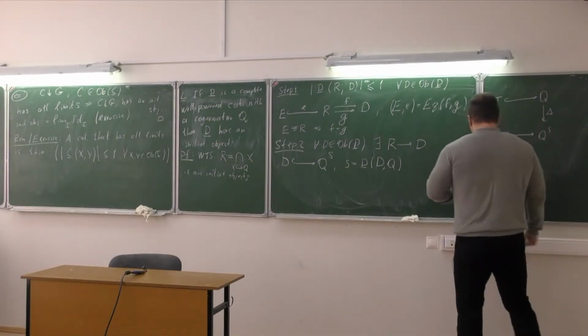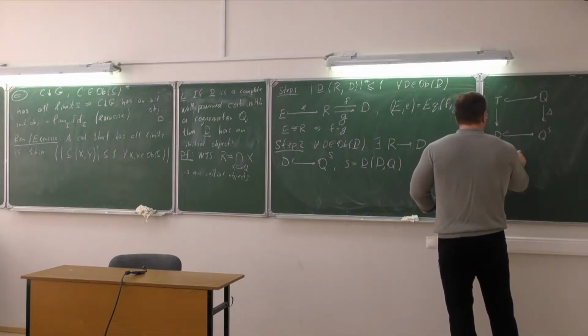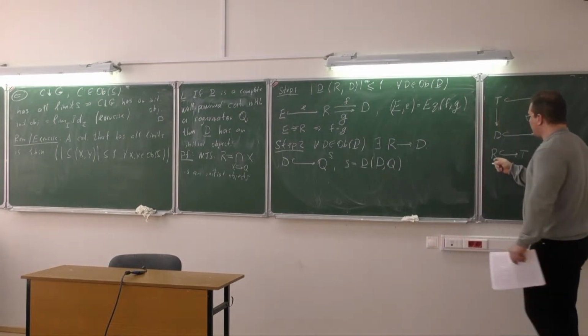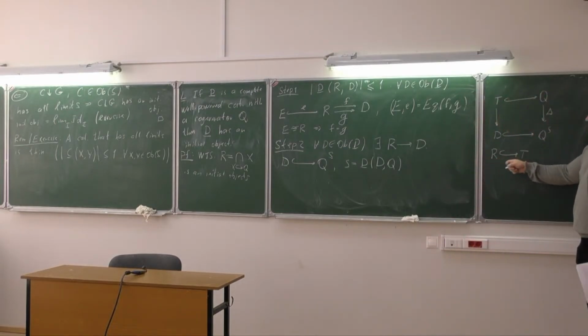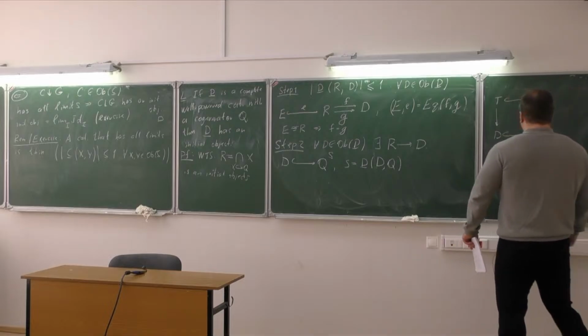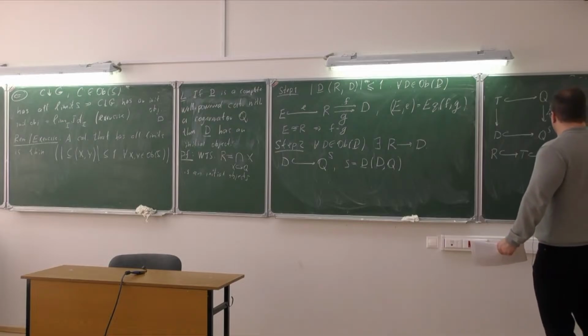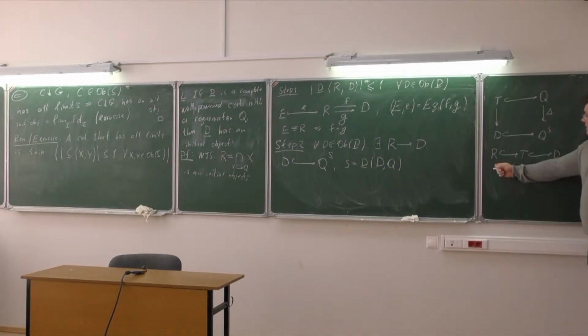Right, so since this is a sub-object, I know that R can be embedded into it. R is the smallest sub-object of Q, and T is just some sub-object of Q. T is mapped to the D. Hence, I've constructed for any object D some map from the object R, just by taking composition.